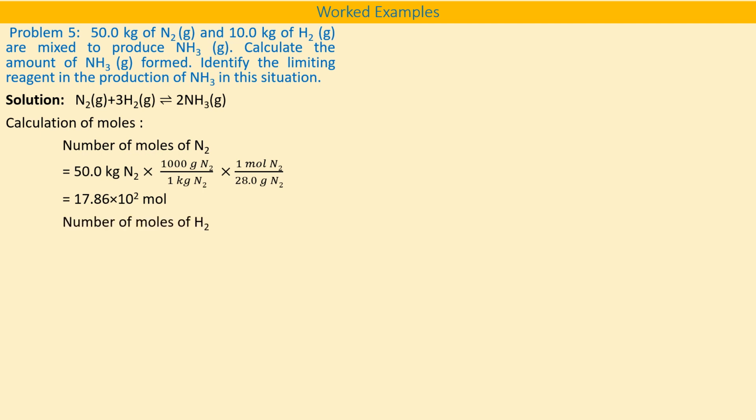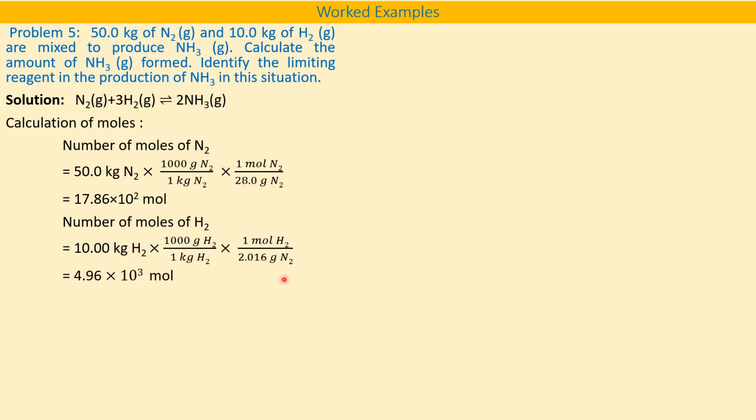Again, number of moles of hydrogen equals 10 kg of hydrogen multiplied by 1000 gram of H2 divided by 1 kg H2, multiplied by 1 mole of hydrogen divided by 2.016 gram of hydrogen.